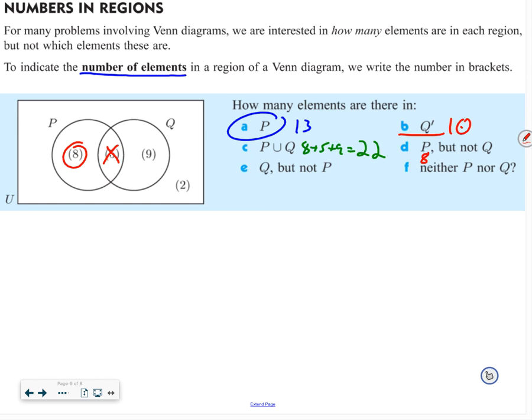What's in Q but not P? We have 9 elements. Neither in P nor Q, so that's things that aren't in these subsets P and Q, but appear in our universal set, is going to be 2. So that's how we can problem solve through that.